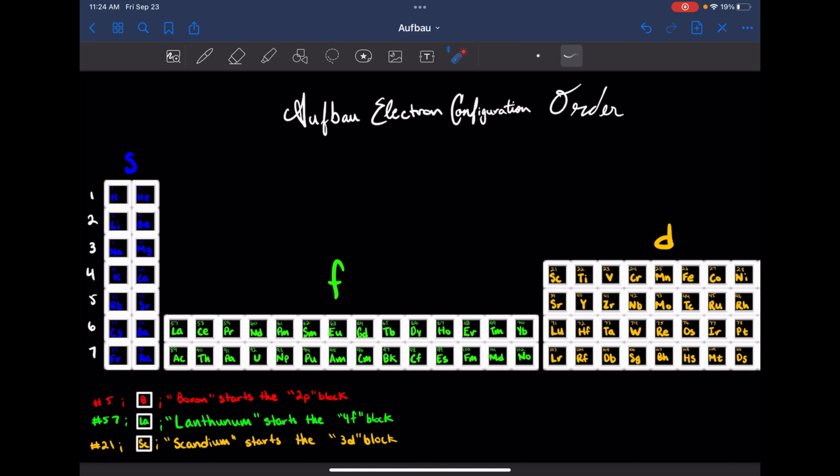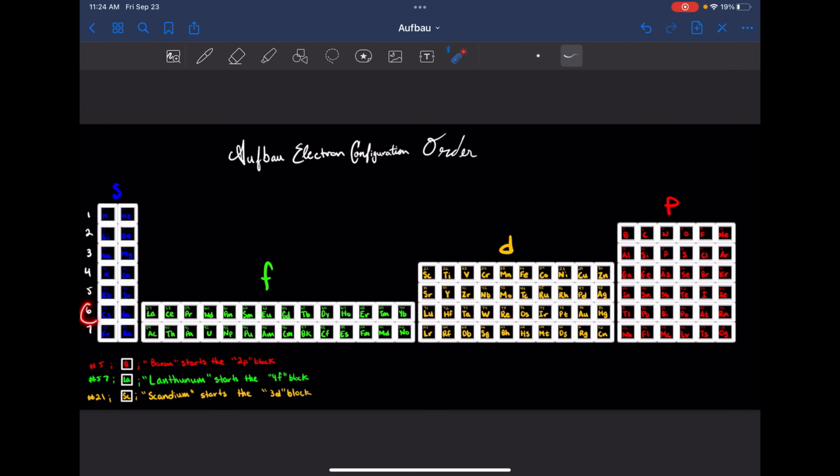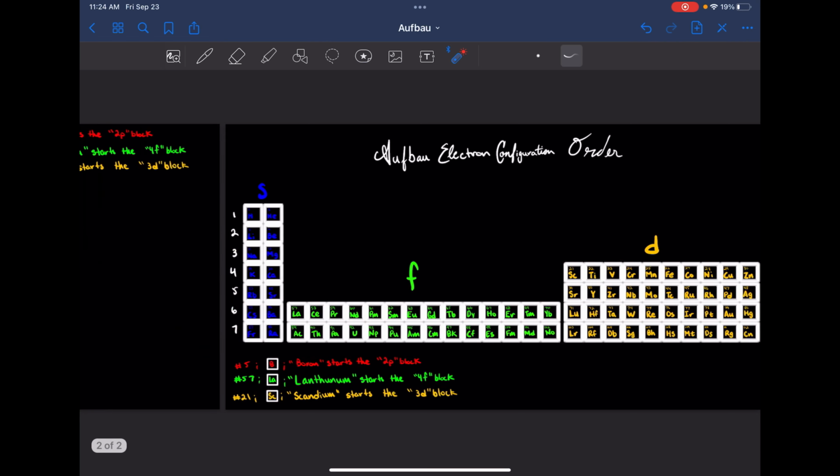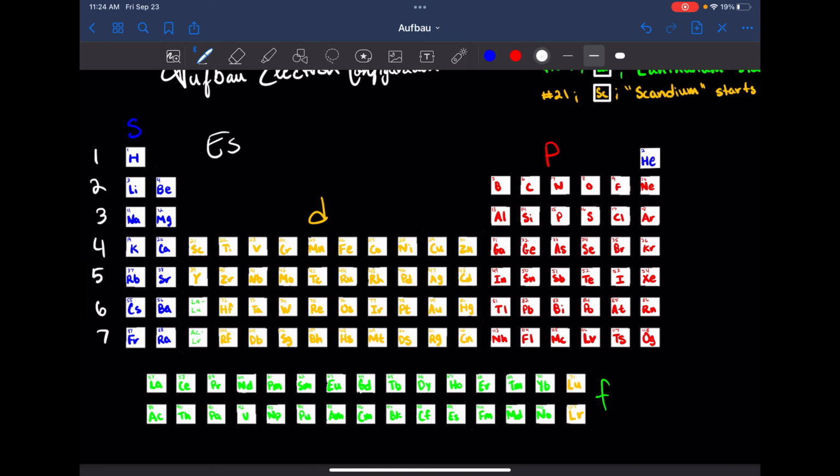So if we look at period 6, and we figure out which noble gas is at the end of this one, we see it's radon. Einsteinium, I believe it's number 99. Yes, 99 is brackets radon.